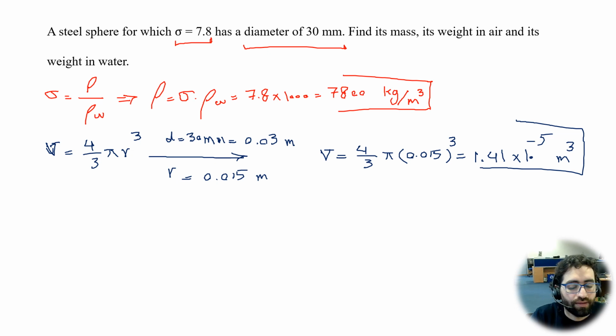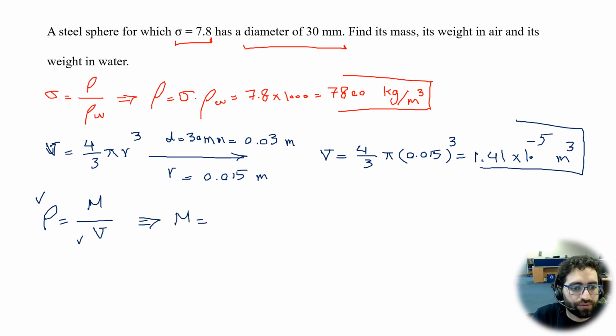So refer to the equation of density. The equation of density was mass over volume. From these steps, we have the density and we have the volume, so we can calculate the mass.